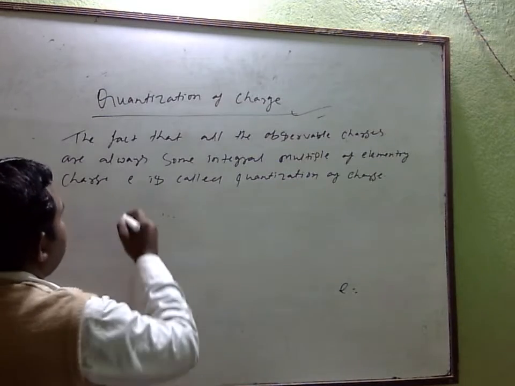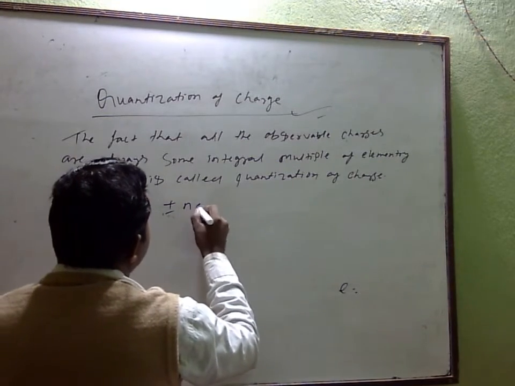That is, you can also write Q is equal to plus minus n e.